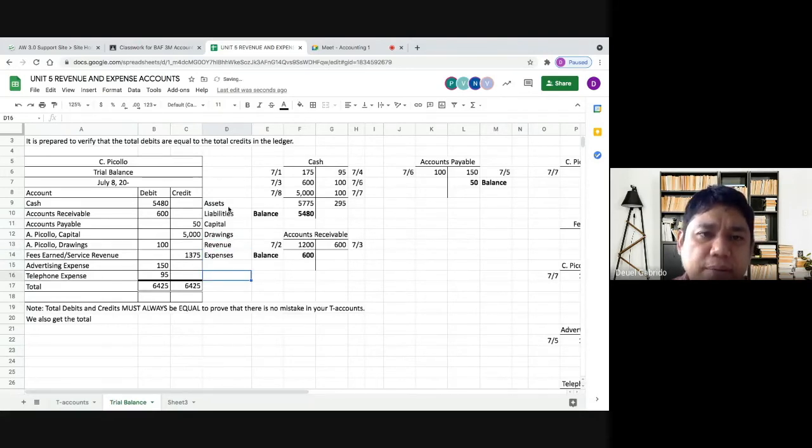That's how you arrange it, guys, all right? Don't put telephone expense first on the line instead of cash. No, don't do that. Assets, liabilities, up to expenses.